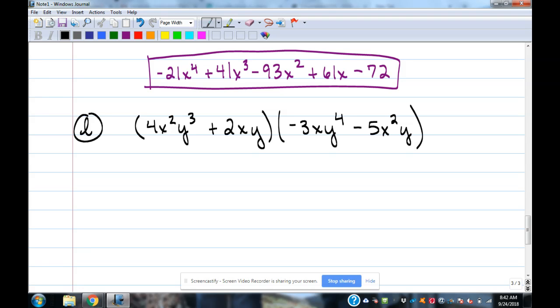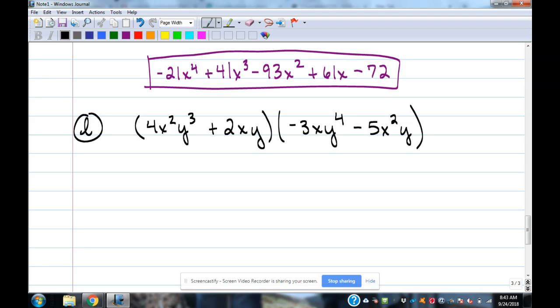And as far as descending order goes, well, which letter are you going to go by? Doesn't matter. I usually don't even grade descending order on these sort of things when there's two variables, because unless it tells you to descend by x, it really doesn't matter because one's no more important than the other.